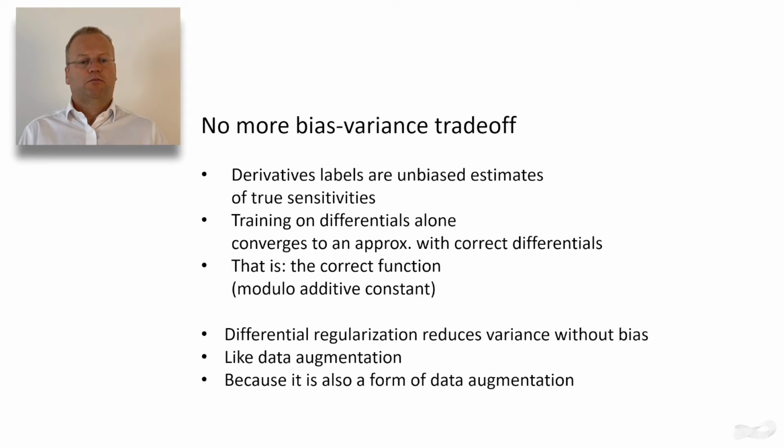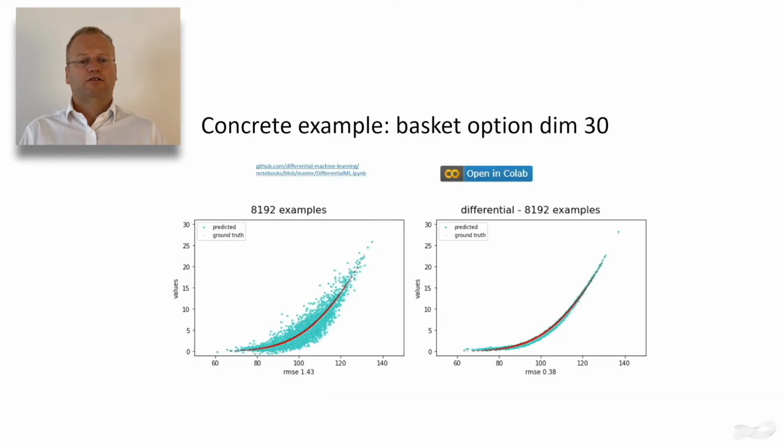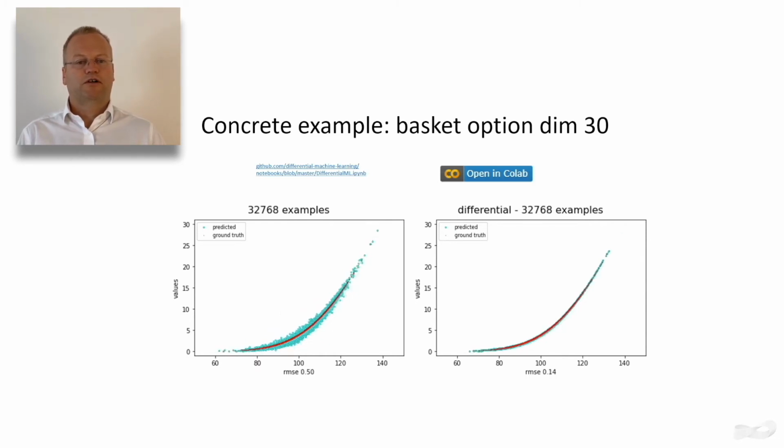We measure practical performance on the 30-stock basket option from the TensorFlow notebook on GitHub. The charts on the left display the predictions of conventional neural networks trained on datasets of increasing size as previously. The charts on the right display the predictions of the twin network trained with differential labels. What we see is a stellar improvement.